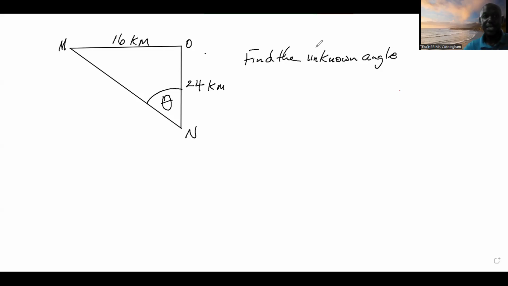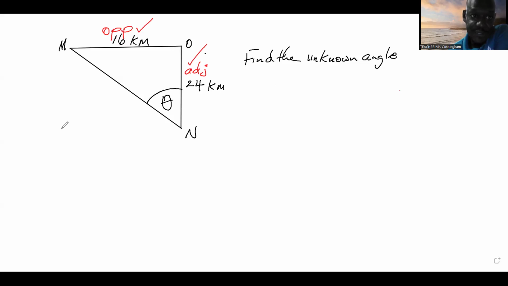So, Johansi, remember you need to name the sides first. So this is opposite, and this is adjacent. What rule has opposite and adjacent? Tan.